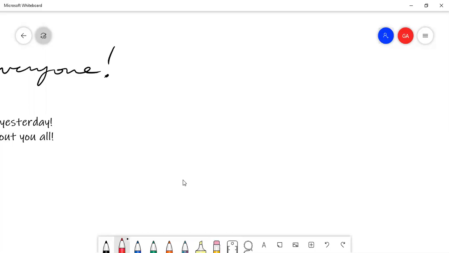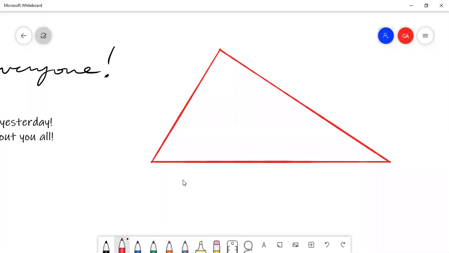Say we had this big triangle. Oops, sorry, coffee is in the way. Here we go. Why does SSA not work? Okay, I'm going to draw a triangle, and I'm going to split this into two other triangles.